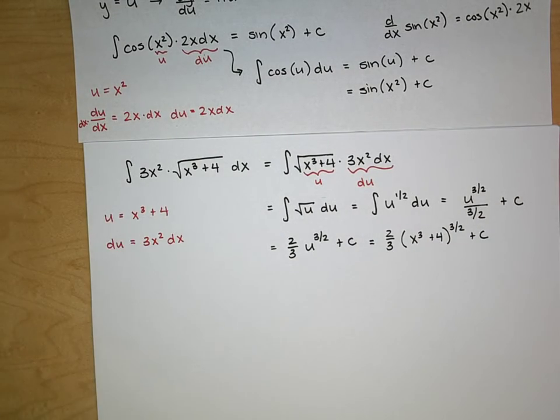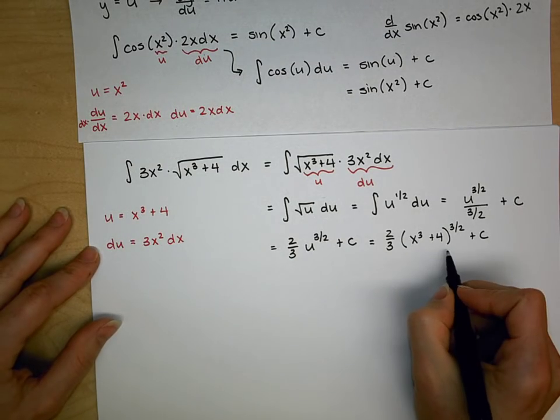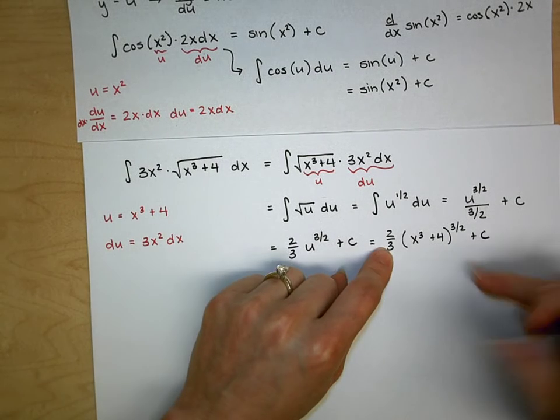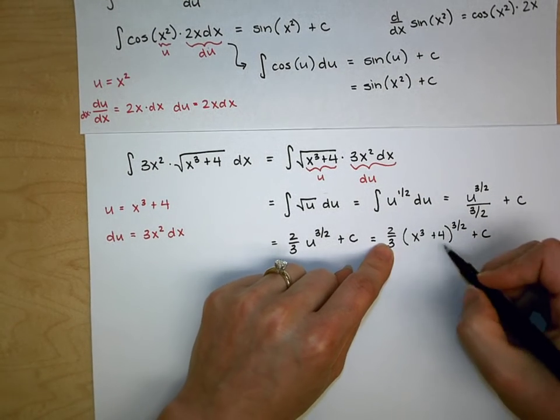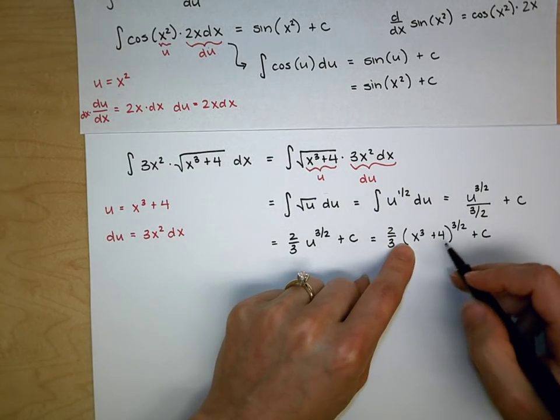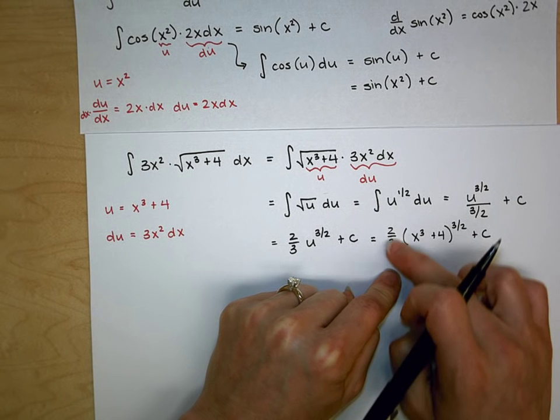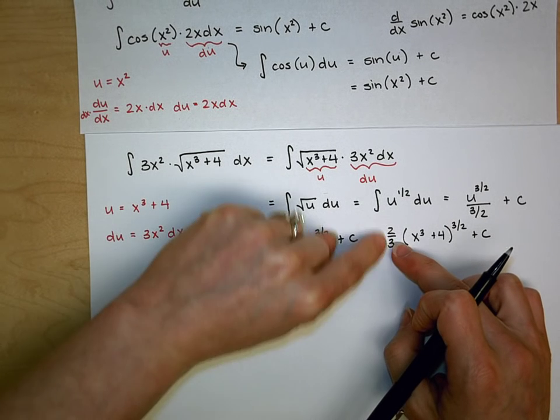Now the beauty of integration is that you can always check your answer by taking the derivative. So think about taking the derivative of this. I'm just going to kind of talk it through, but feel free to write it out on paper. I'd use the chain rule. So what I do is I take the derivative of the outside function, which would be bringing the 3/2 down. Notice that cancels with the 2/3.